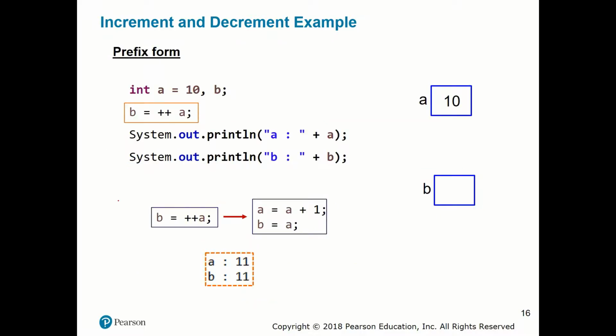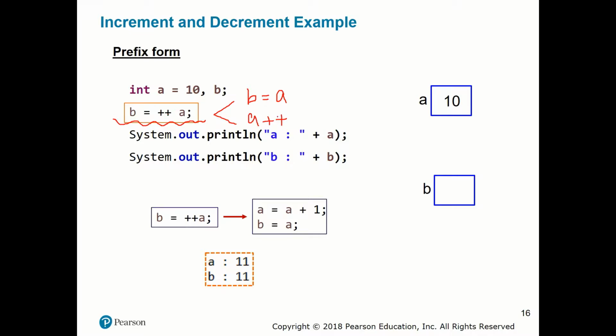Now let's see an example of prefix form. A is 10 and B is not initialized. And this has two instructions: A is assigned to B and A increment. In this case, this is a prefix form. So prefix form means that the increment is performed first.